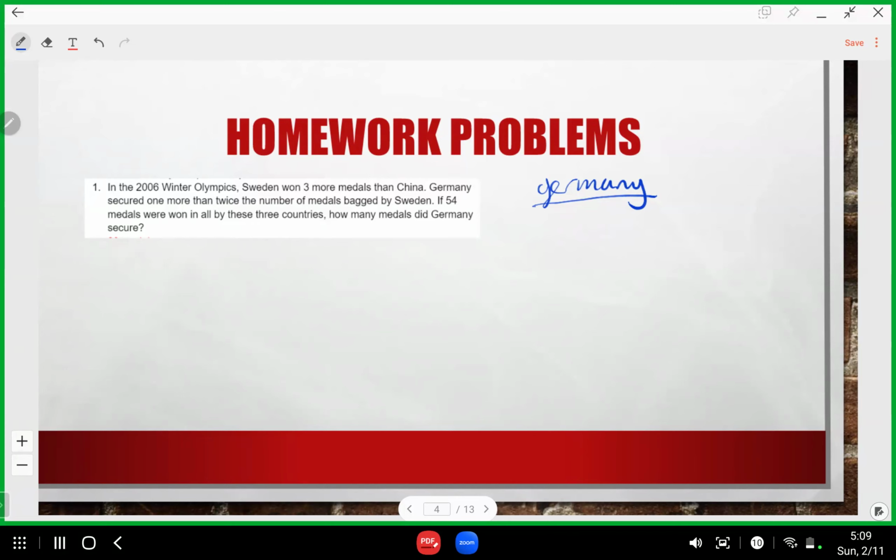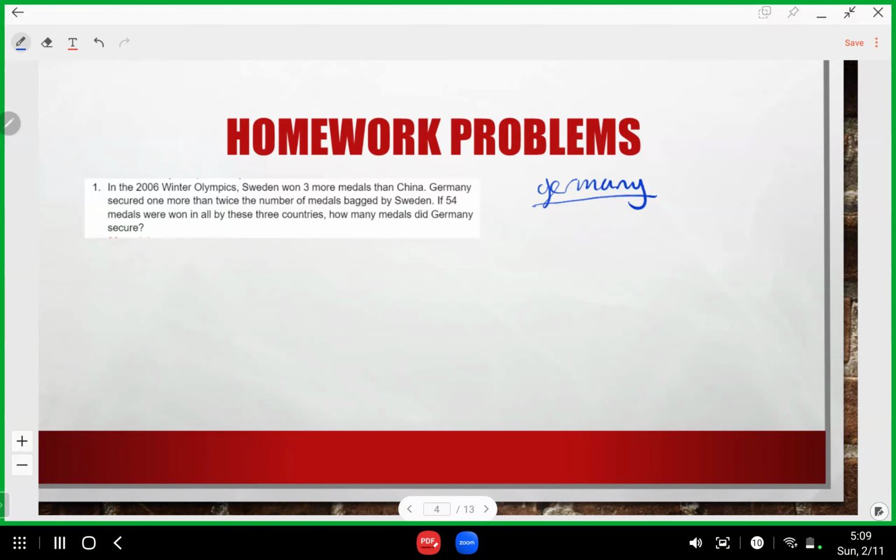If 54 medals were won in all by these countries, 3 countries, how many medals did Germany secure? So whoever answered 54, I don't know what you're thinking, because all 3 of them got 54. If Germany got 54, then that means the others got 0, and it's probably not true, right?